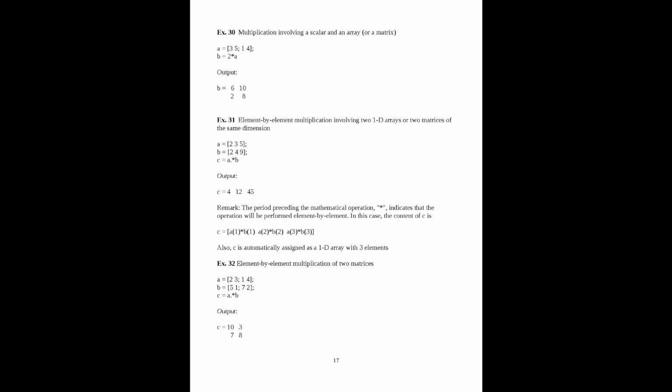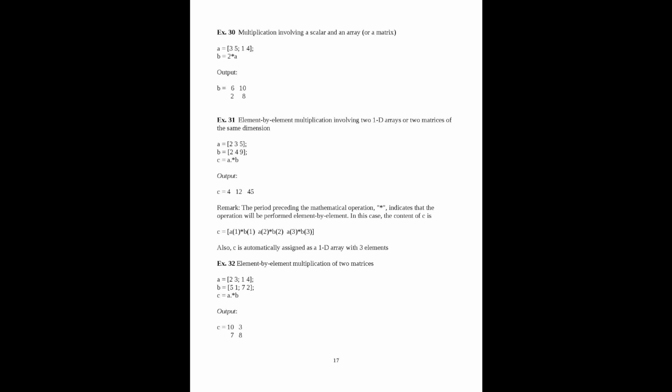And if you want to multiply two arrays, you write as in example number 31: A is a one-dimensional array, and B is another one-dimensional array, and C equals A dot star B. So the dot represents element-wise multiplication, and also in 2 by 2 or 3 by 3 matrices, dot means element-wise multiplication. Otherwise it is matrix multiplication, row 1 with column 1, row 2 with column 1, and all that.